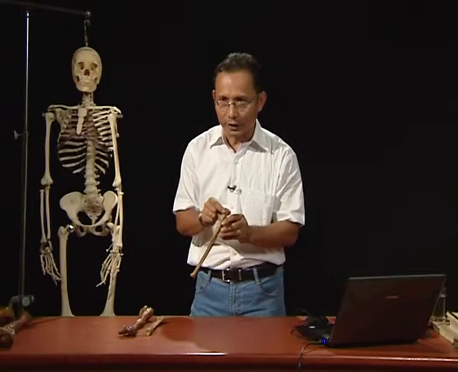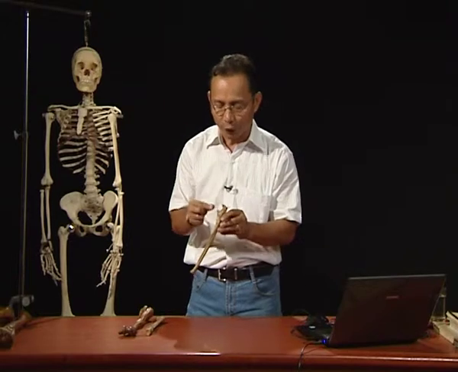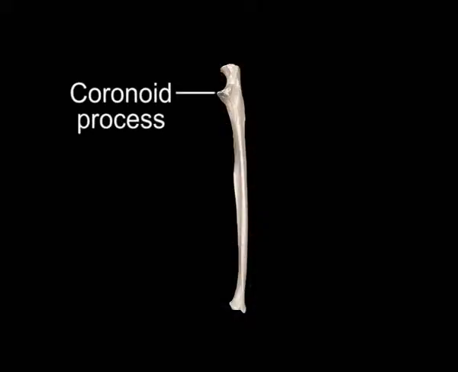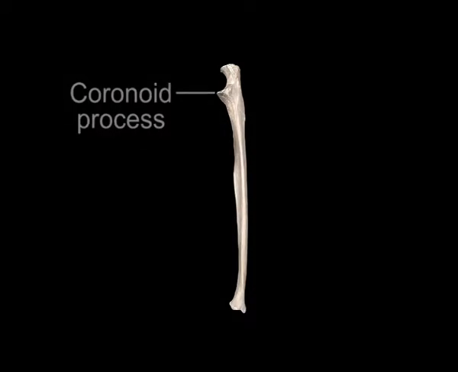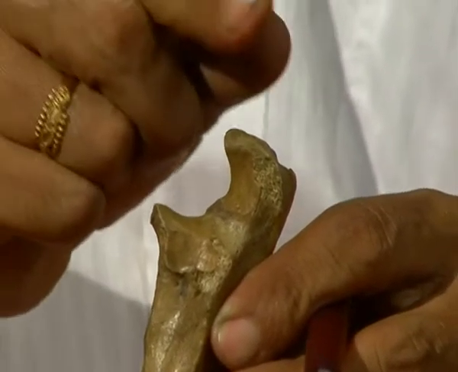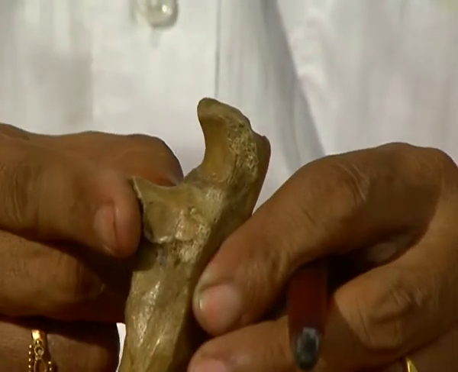Then below this Olecranon process we have the coronoid process. So 2 processes, Olecranon process and coronoid process.